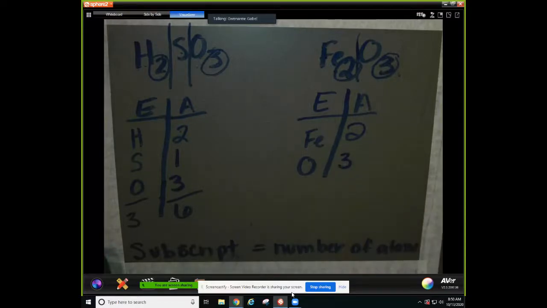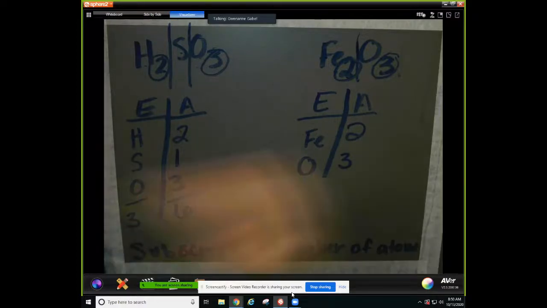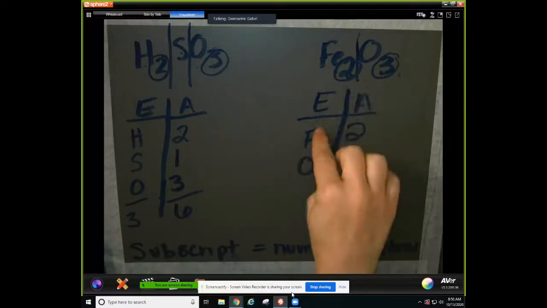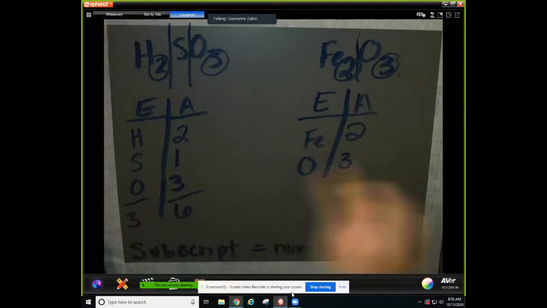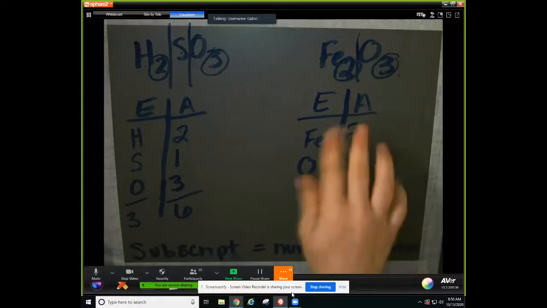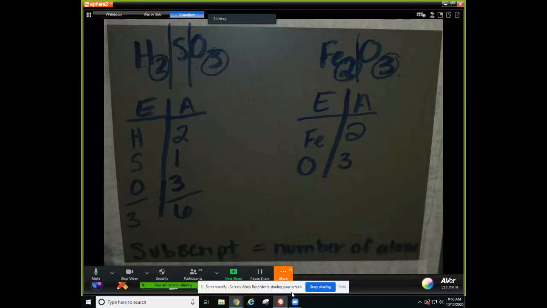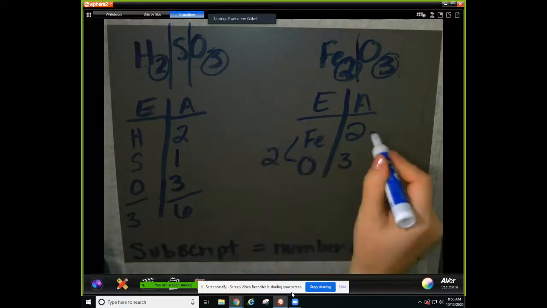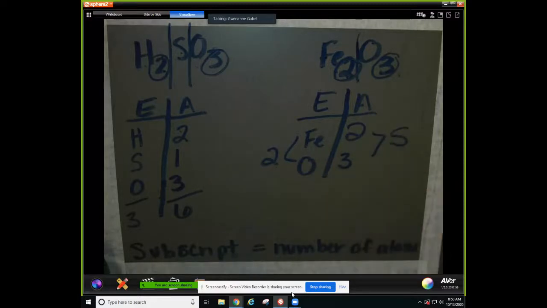The way I like to differentiate between elements and atoms is elements are like your ingredients, and atoms are how much of that ingredient you need. So for this compound, the ingredients are iron and oxygen, but I need 2 irons and 3 oxygens to make that compound, okay? So we have 2 total elements and we have 5 total atoms.